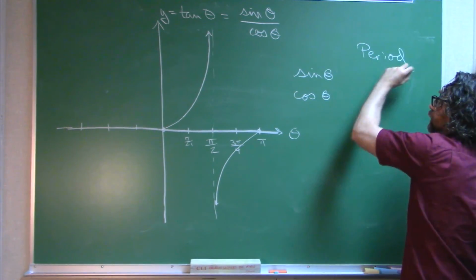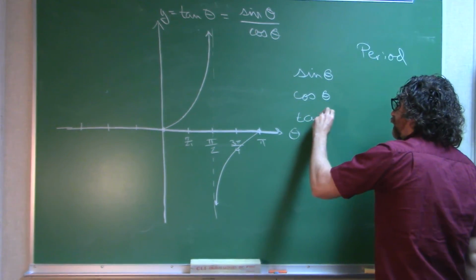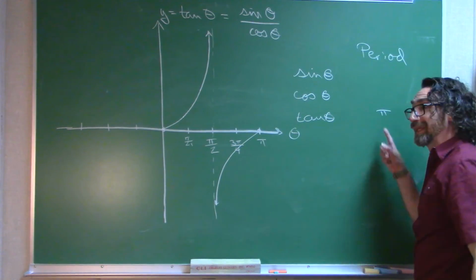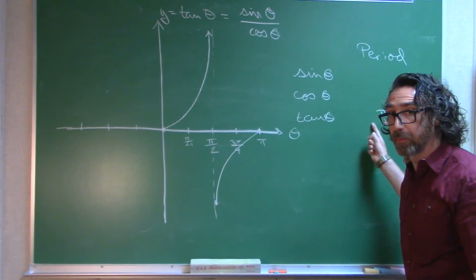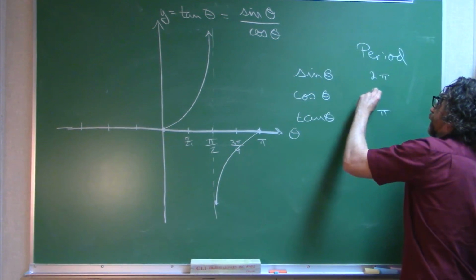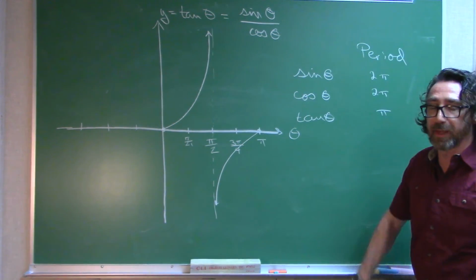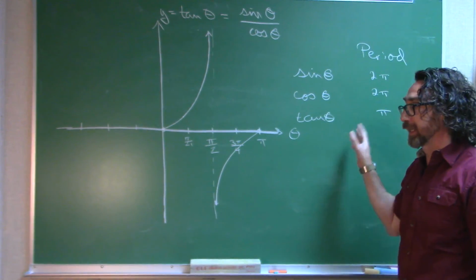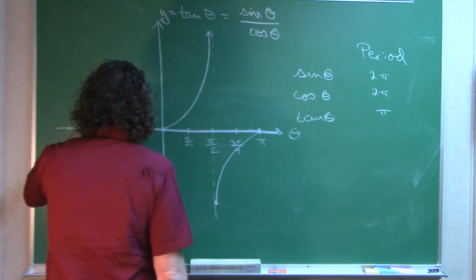The tangent function is also periodic, but the period is pi rather than 2 pi. Sine and cosine functions both have period 2 pi.